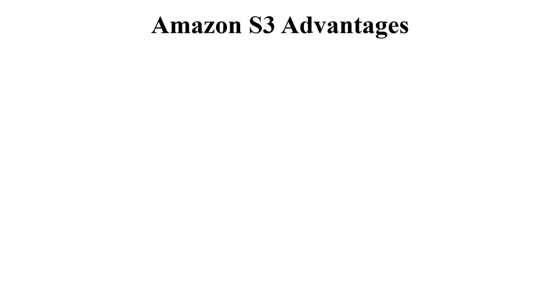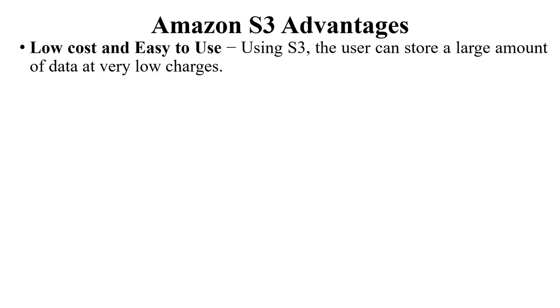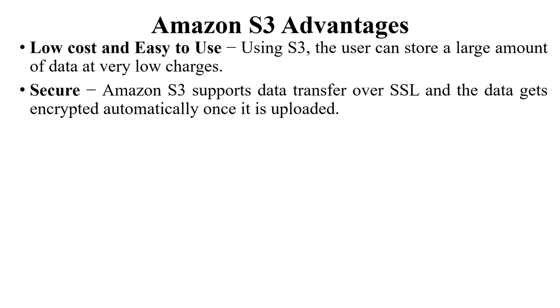What are the advantages of S3, if we conclude? It is low cost, easy to use, and secure. As with EBS, whenever we create volumes or snapshots, the encryption option is recommended, with key-based encryption and decryption. The same applies whenever you upload files to S3 or download them: we have security options, that is encryption and decryption.